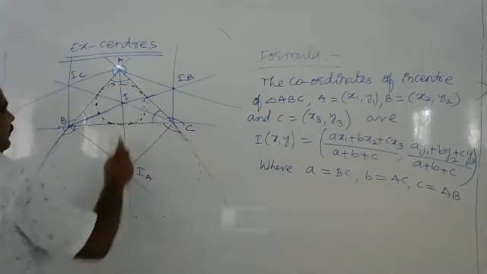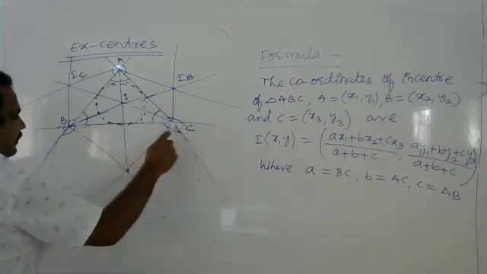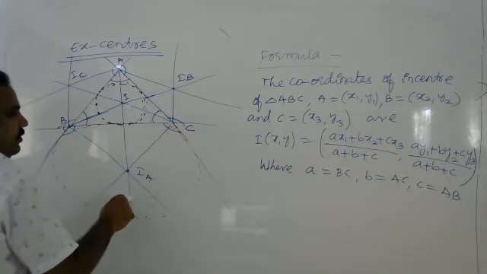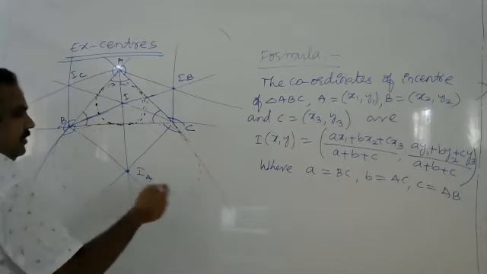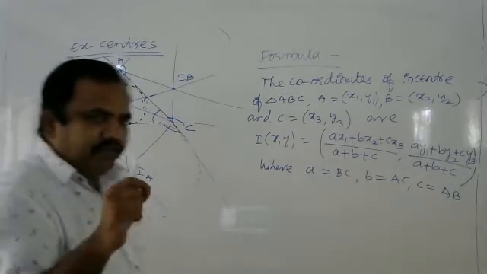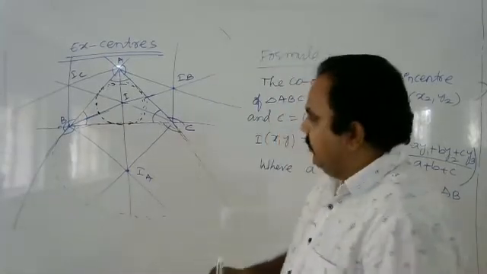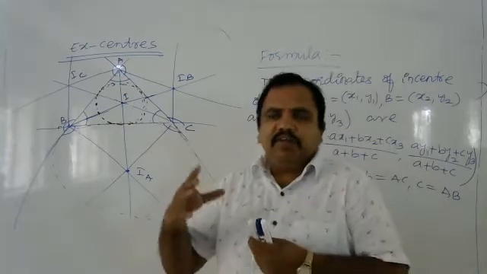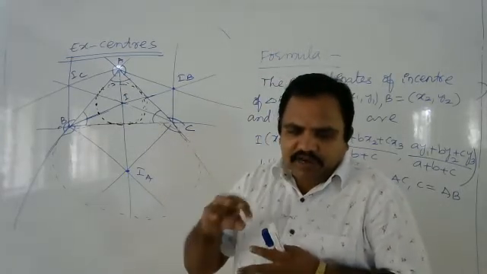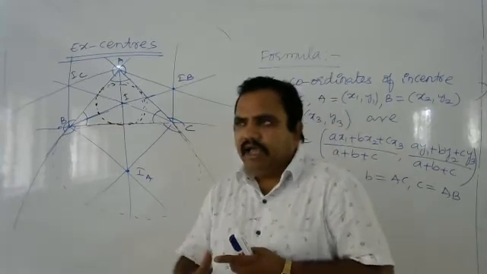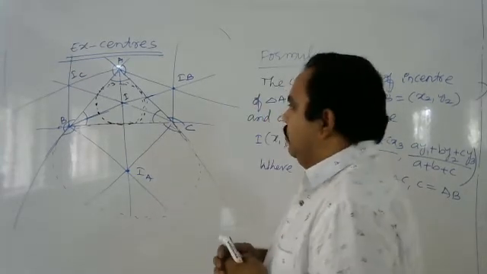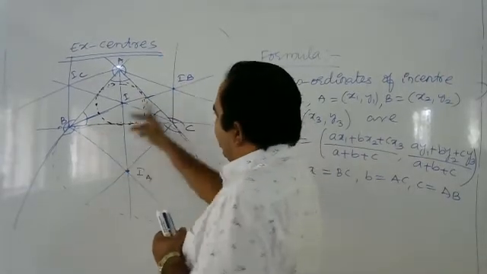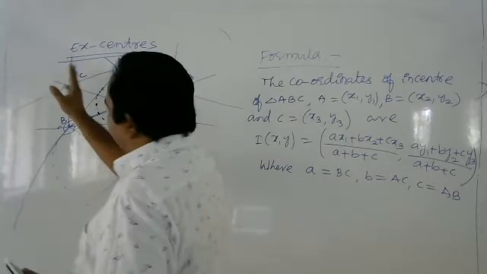External bisectors: here we are given two external bisectors and one internal bisector, and all these are concurrent at IA. Concurrent means what? Three lines pass through the same point. If three lines pass through the same point, they are known as concurrent lines. If three points lie on the same line, they are known as collinear points. So IA will be the excenter opposite to A, IB will be the excenter opposite to B, and IC will be the excenter opposite to C.